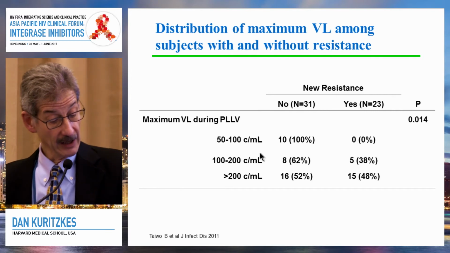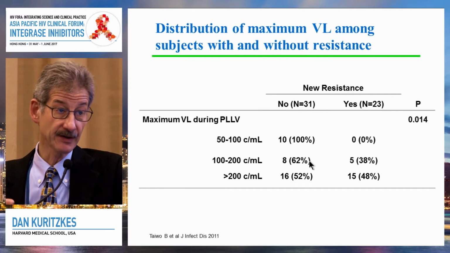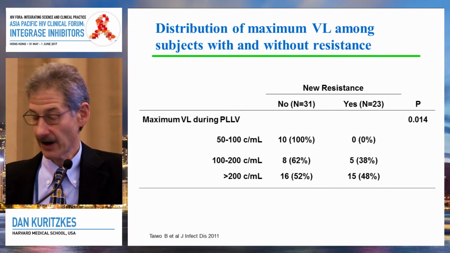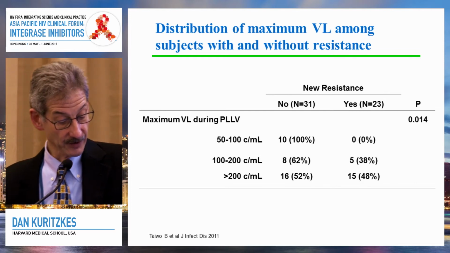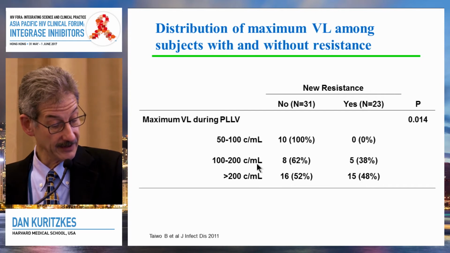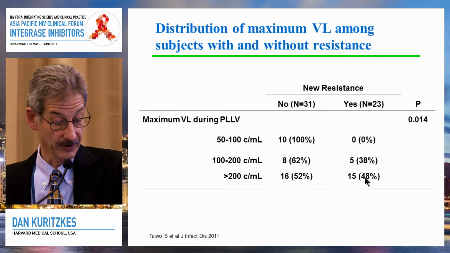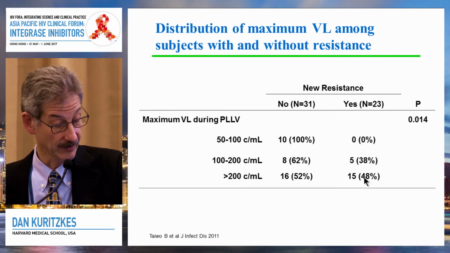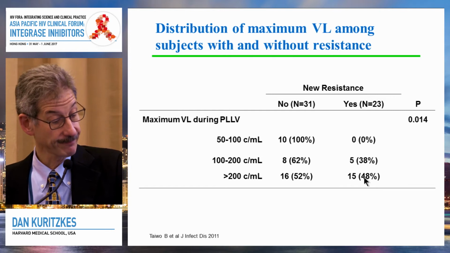When we analyzed the incidence of mutations as a function of the level of viremia, again, not too surprisingly, those who had the highest levels of viremia were the most likely to have resistance, and this was a statistically significant trend over these categories of low-level viremia.